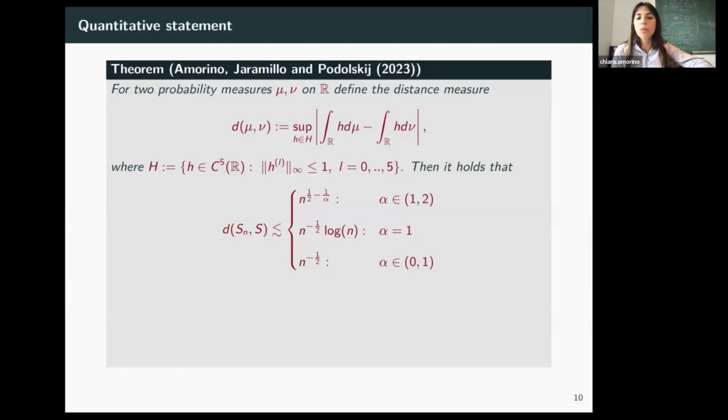And so in particular, when alpha is between 0 and 1, which is what I wrote here at last, the convergence is really fast. It is n to the power of minus 1 over 2, which is really the benchmark, what we wanted to have. And for alpha equal to 1, there is an extra logarithm that you see all the time at the threshold.